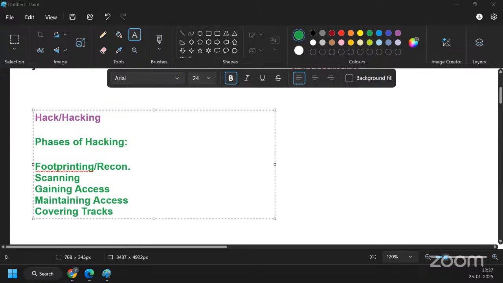In that scenario, he will be checking the logs, the services, and the registries, and from there he will find the information that the system is under attack.